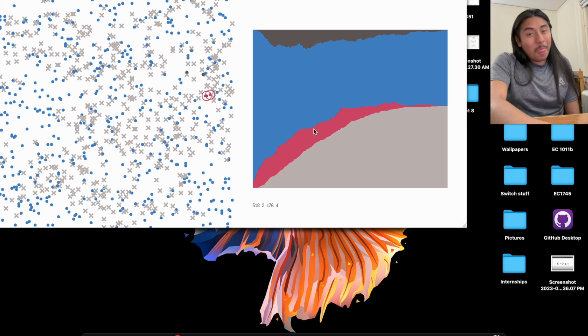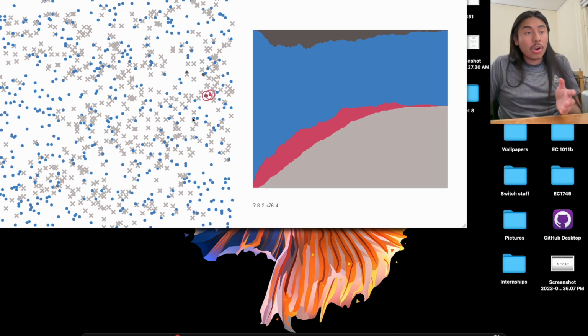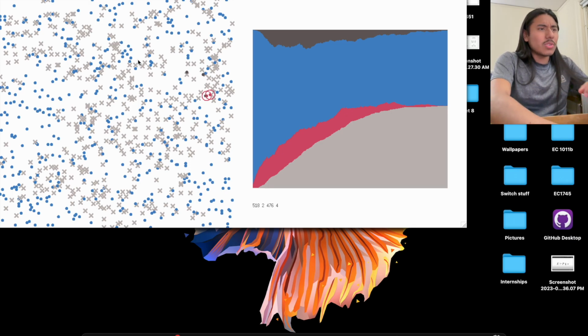And this is very reminiscent of what happened with the Spanish flu, because you'll see by the end of it, a lot of people have died. But at the end of the simulation, there's only 2 people that are still infected. So it's not hard to believe that if I let this program run for longer, the sickness would sort of eradicate itself, which I thought was really interesting.